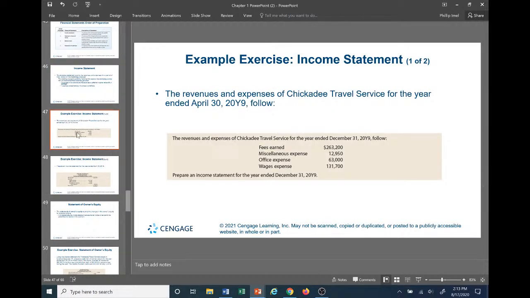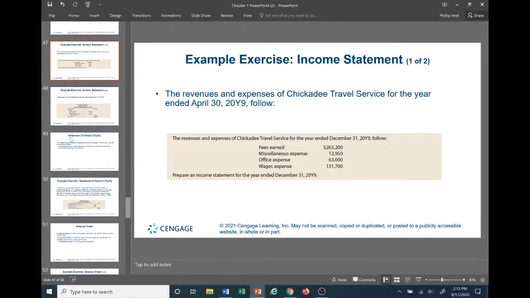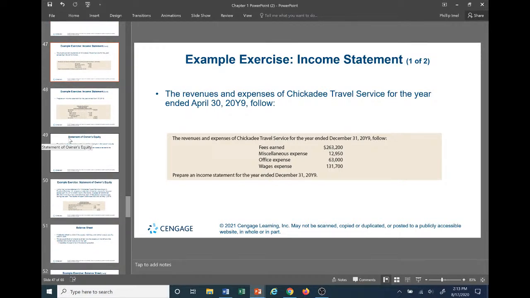Okay, let's look at an example exercise on the income statement. The revenues and expenses of Chickadee Travel Service for the year ended April 30th, 2009 follow. So these are the expenses they're talking about for the year ended April 30th, 2009 for Chickadee Travel Service.